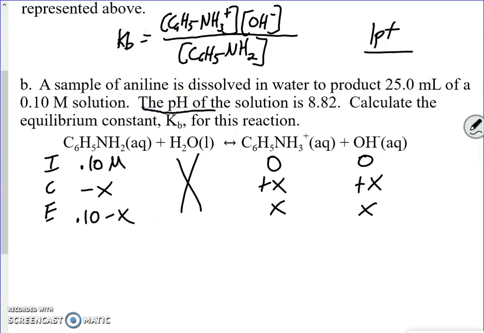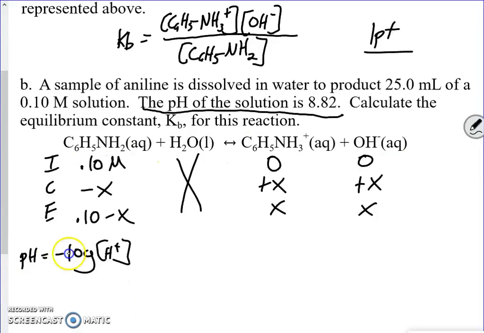That's where this other piece of information is important. We're told the pH is 8.82. Well, what does that mean? Let's look at the equation. pH is the negative log of the hydrogen ion concentration. So if we know pH, we can calculate the hydrogen ion concentration. Now the problem is we don't have hydrogen in this reaction, so that really doesn't help us all that much.